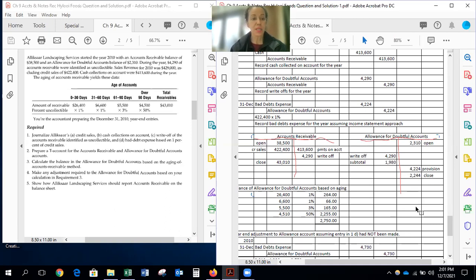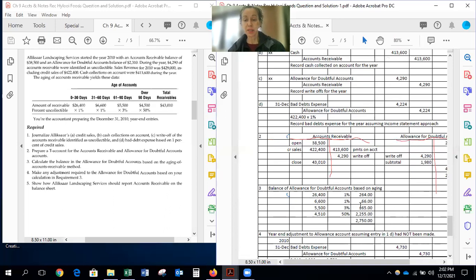Percentage of sales method. So now number 3 says calculate the balance in the allowance for doubtful accounts based on aging of accounts receivable. Under the aging method of accounts receivable, the uncollectible portion should be the ending balance in the allowance. So we're going to assume that we haven't recorded the percentage of sales, okay? Because it's either or.